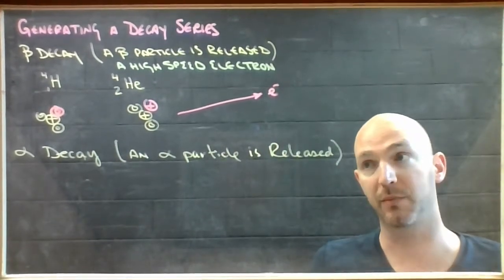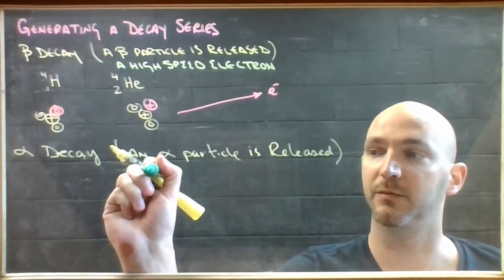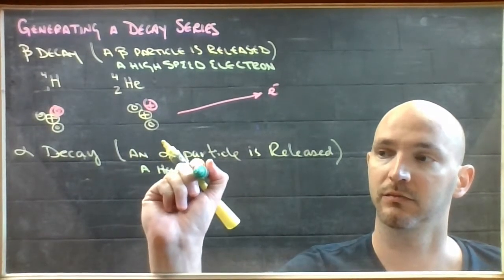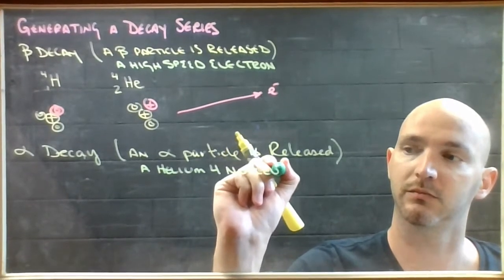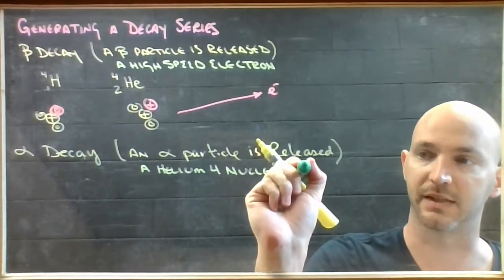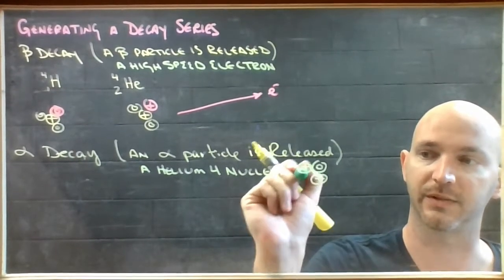Now an alpha particle turns out to be a helium-4 nucleus. So that means it's 2 protons and 2 neutrons.